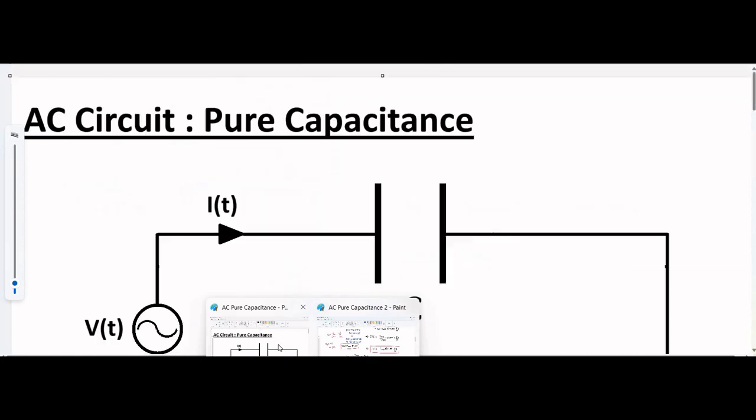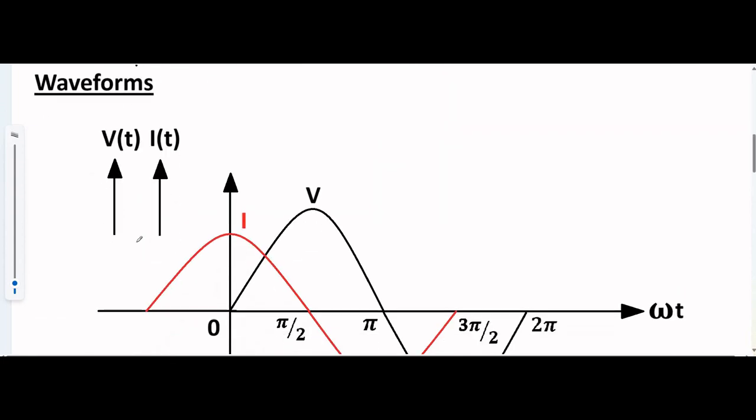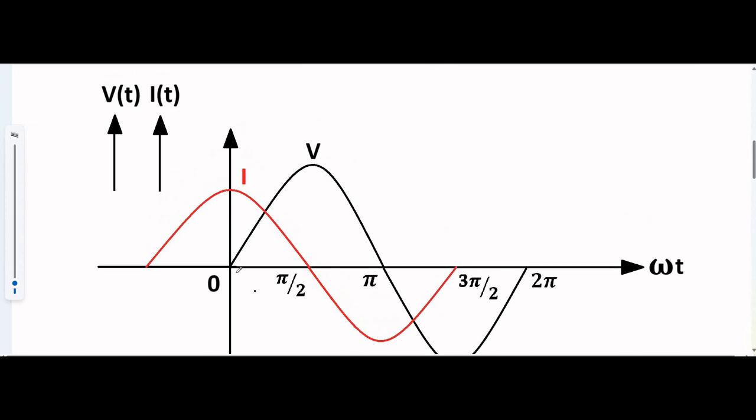So if we see the waveforms here, this is the circuit consisting of a capacitor connected to an alternating voltage. This is the waveform. Here the black AC waveform represents voltage, and the red waveform represents the circuit current.